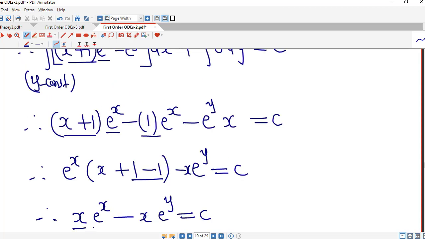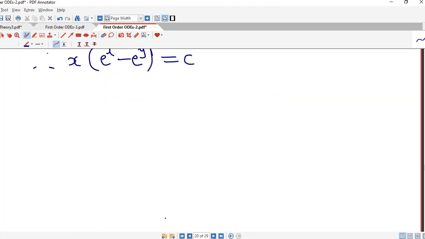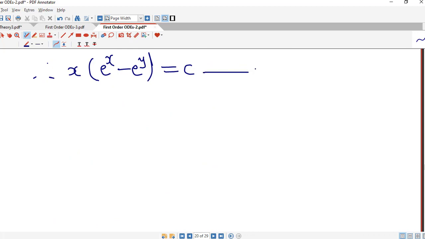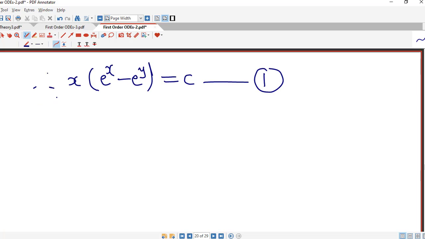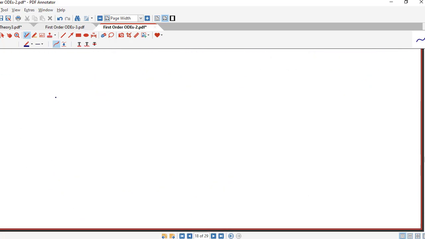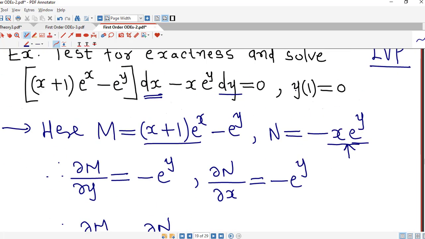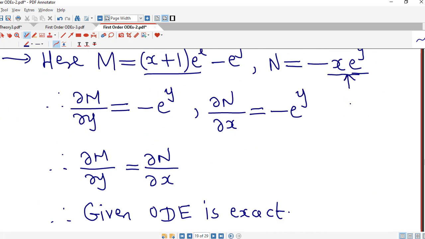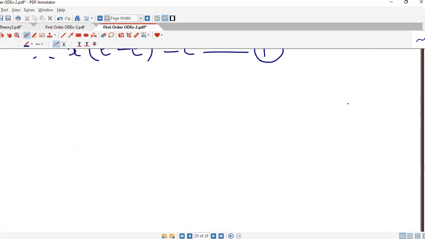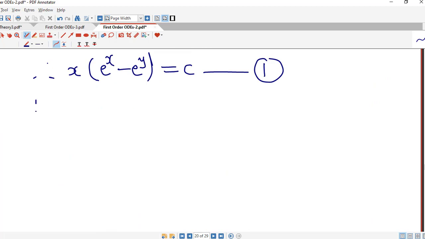So this is the general solution of the given differential equation, and now we use the initial condition. The initial condition is y of 1 equal to 0. So we put x equal to 1 and y equal to 0 in the general solution.